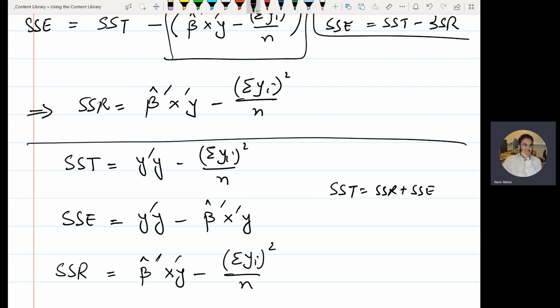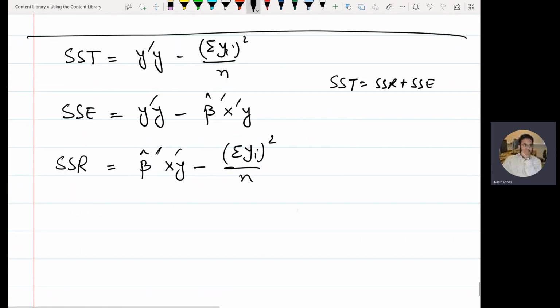These three are the direct formulas for all three of them. But if you want to save your time and you have two of them and you need SSR, just take SST minus SSE. That will be SSR. You don't need to put the things back into the original formula. Or if you have SST and SSR, you can take the difference between SST and SSR and you will get SSE.